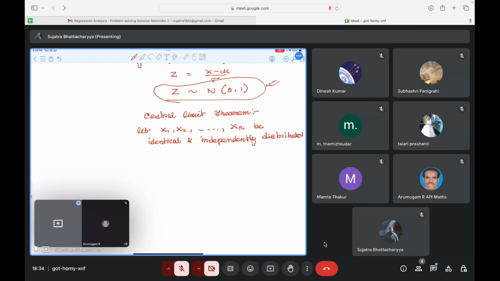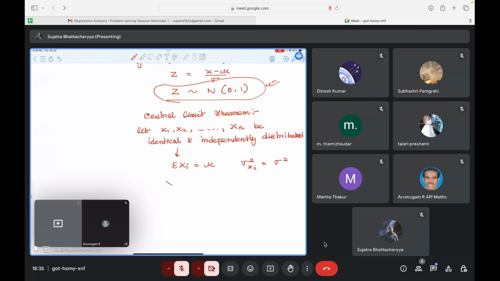Very important. All these x1, x2, x3 up to xn, these are all random variables and their distributions must be identical but independent. Okay. So if this is the case, then suppose each of them has the expectation value mu, that is the population parameter mu, and variance sigma square, the population variance.